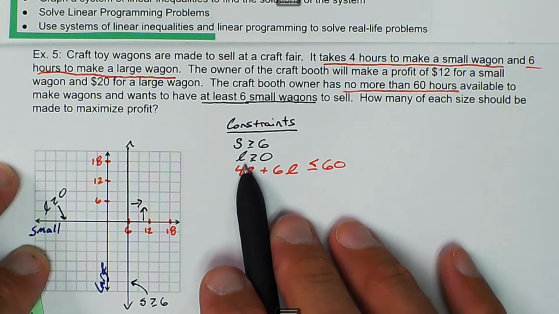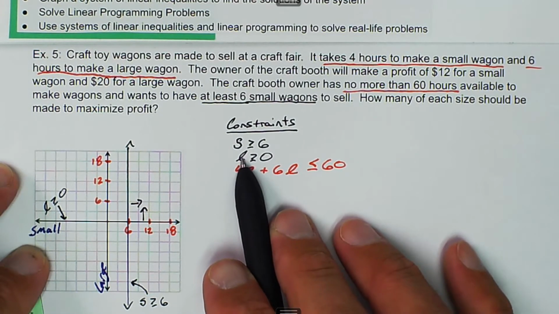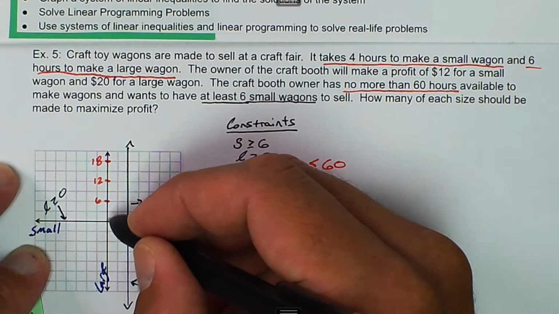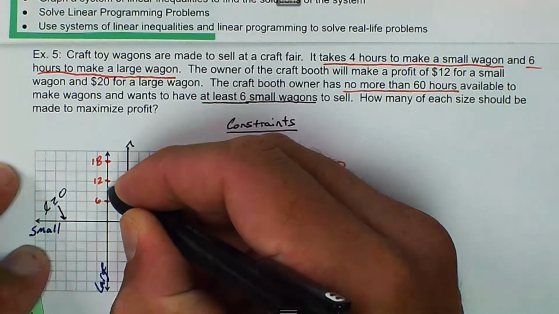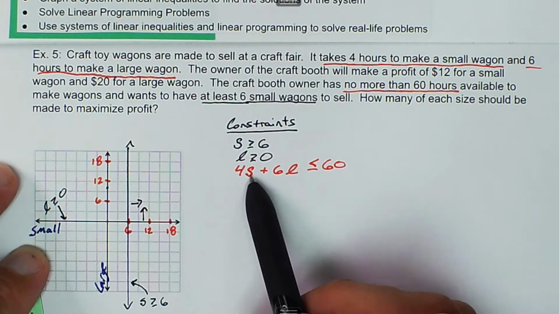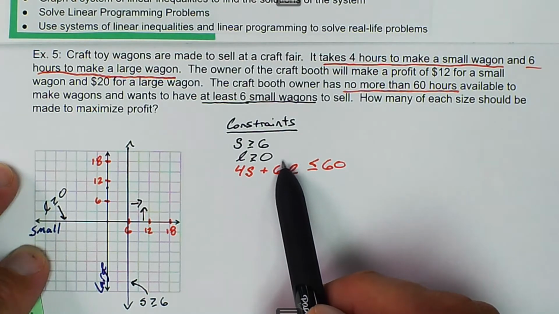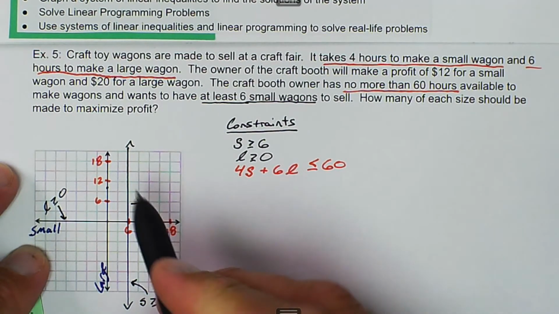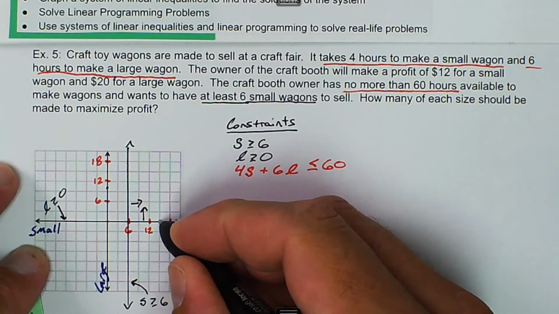So if S was 0, that drops out, so then L has to be 10. So S is 0, L has to be 10, which is just a little bit above there. And if L were 0, then S would have to be 15, which is right there.